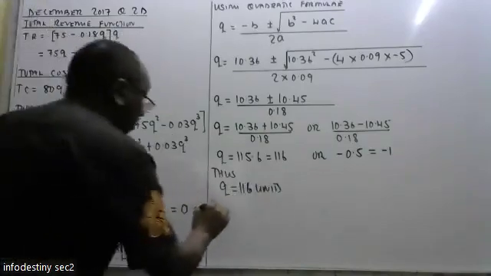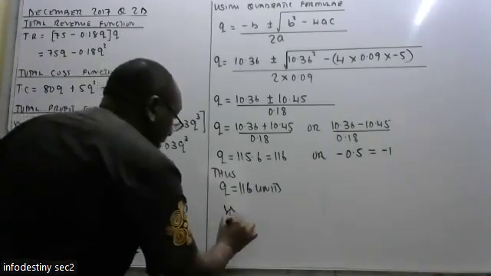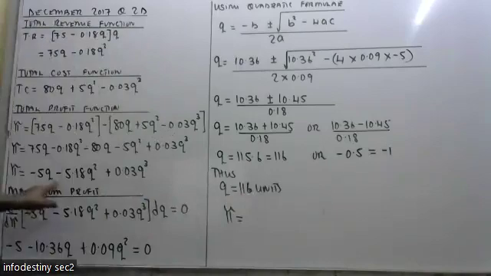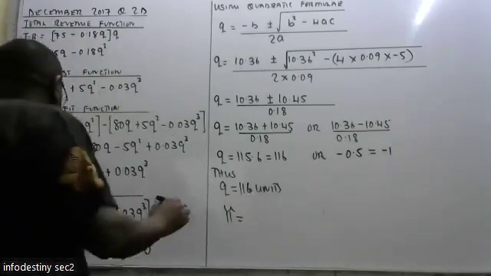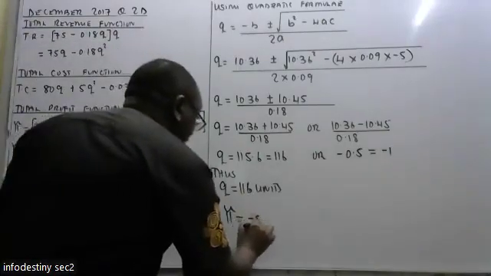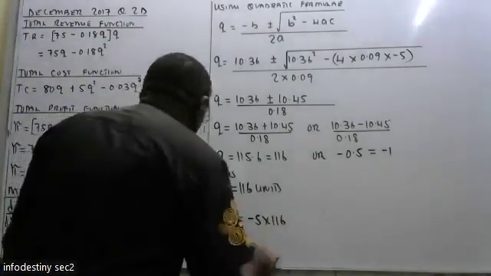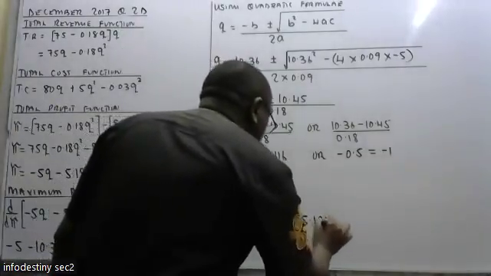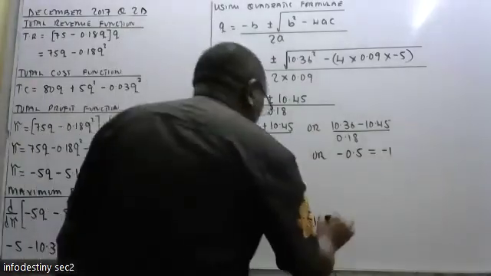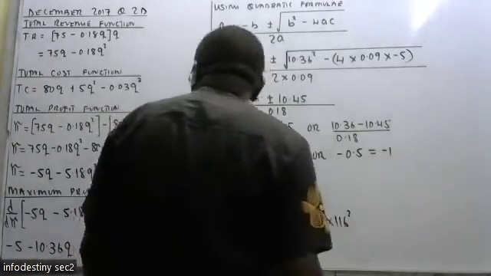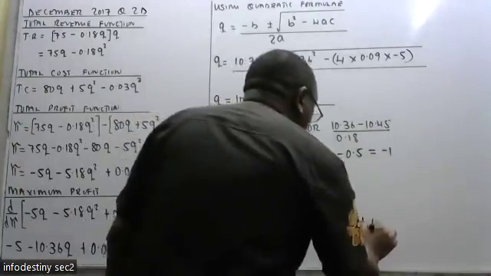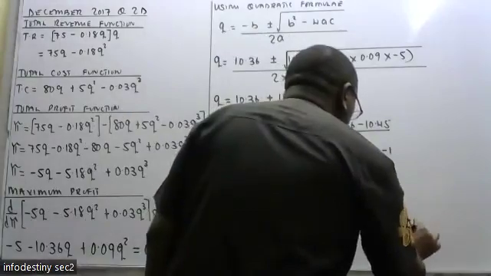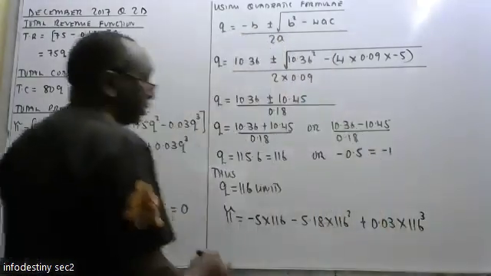And then profit. This one that we have gotten, we now put it in our profit function. So we'll say minus 5 times 116 minus 5.18 times 116 squared plus 0.03 times 116 cubed.